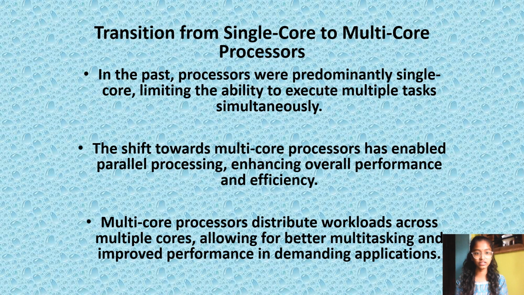Next, let us see the transition from single core to multi-core processors. In the past, processors were predominantly single core, limiting the ability to execute multiple tasks simultaneously. Multi-core processors distribute workloads across multiple cores, allowing for better multitasking and improved performance in demanding applications.